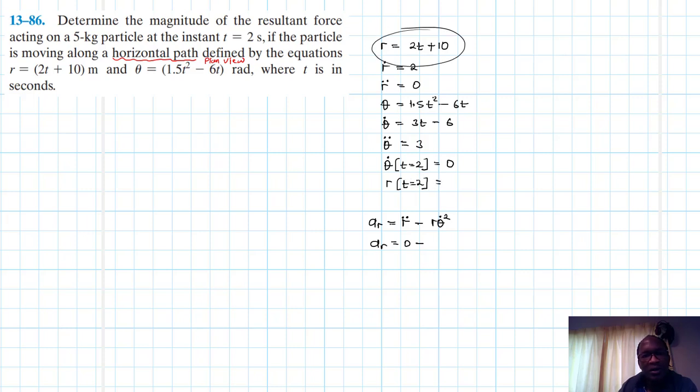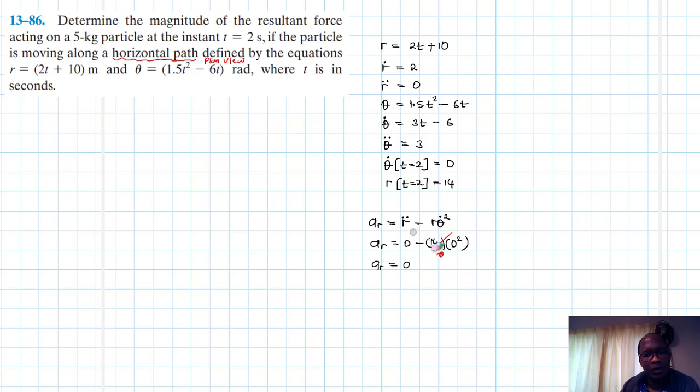Using this here, this gives us r when t is equal to 2: 2 times 2 is 4, plus 10, 14. So r is 14, and theta dot squared is 0. Therefore our ar is just equal to 0, because this part will all be 0 also.